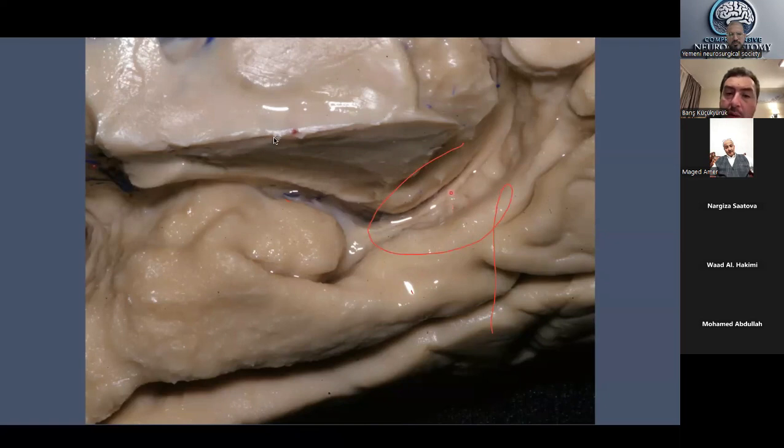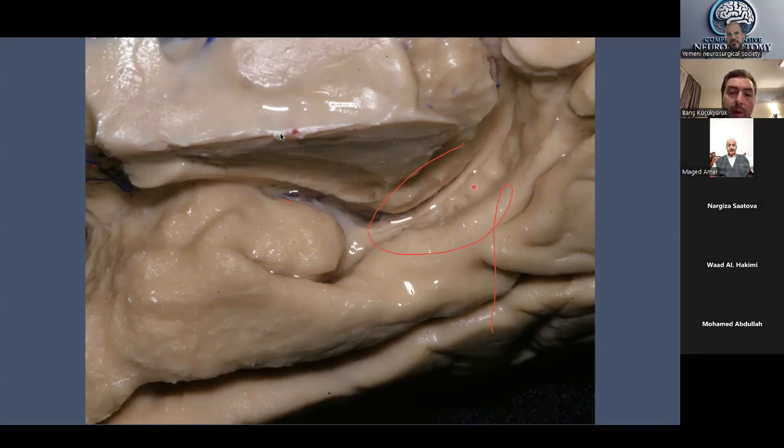Superior to it, there is a dentate gyrus, which looks just like our teeth. That's why it's called dentate gyrus. Dentate gyrus is actually the cisternal surface or cisternal projection of the hippocampus, which we'll be seeing further later.